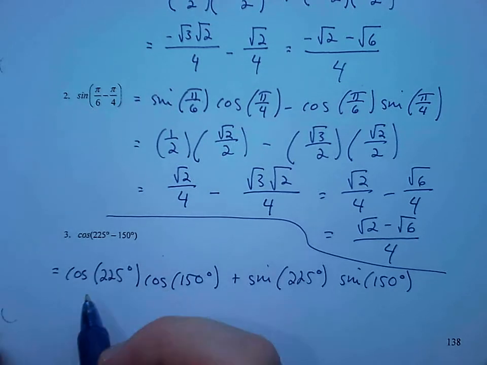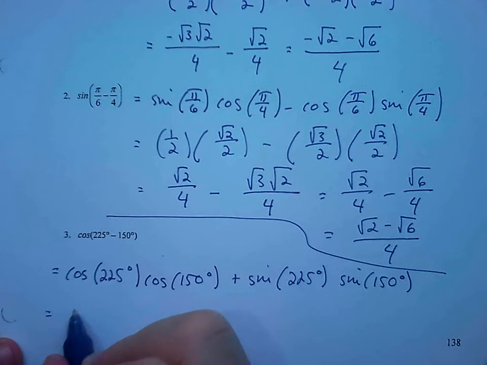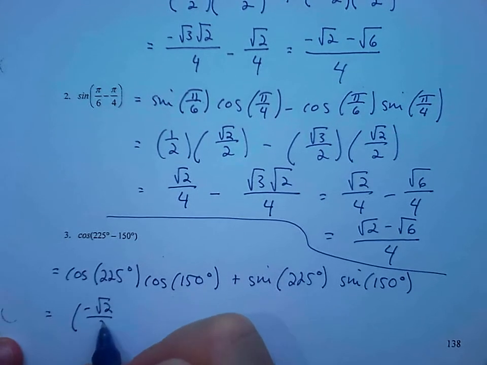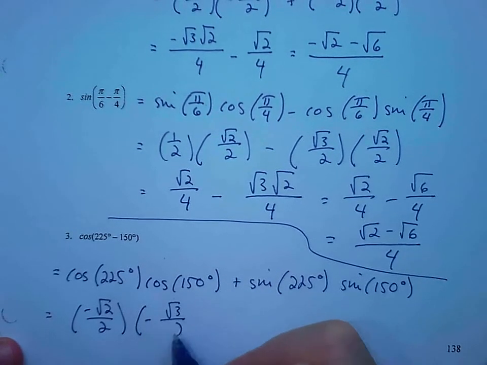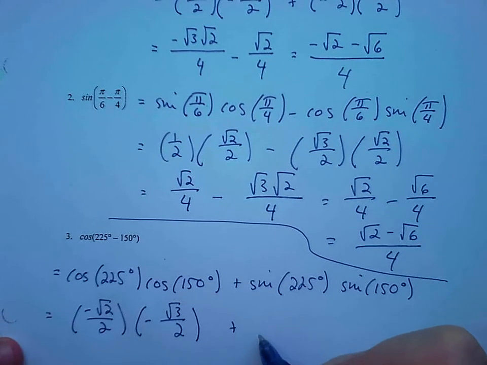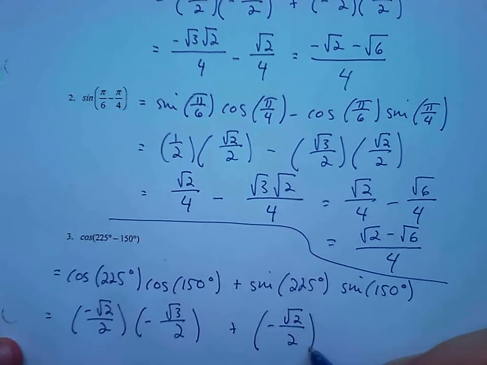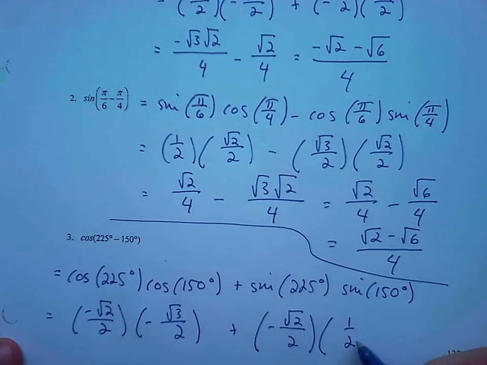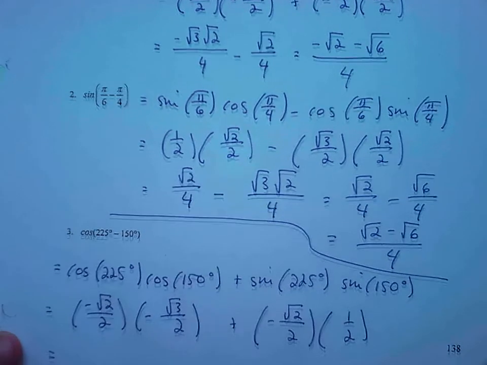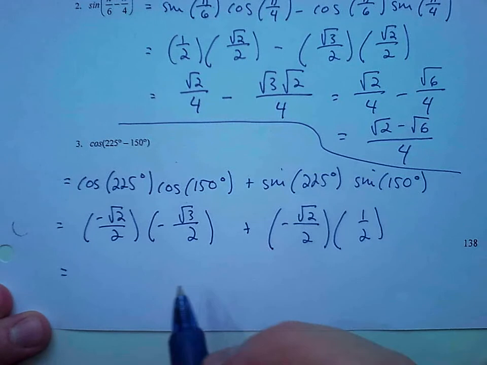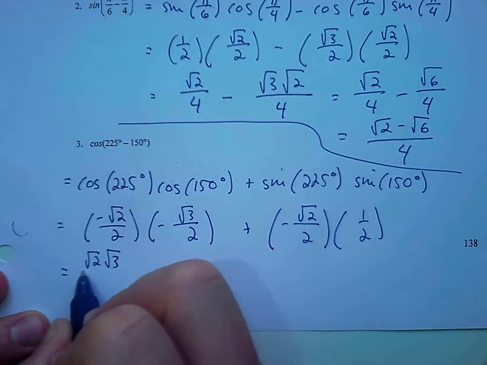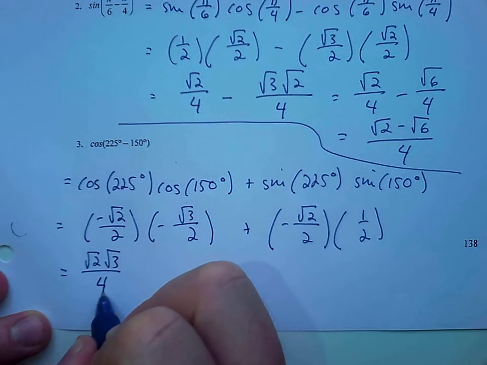Here we're going to get that this comes out to negative square root of 2 over 2. This is going to be negative square root of 3 over 2. Then plus the negative square root of 2 over 2. And this comes out to 1/2. So now if we do this arithmetic, this is going to be the square root of 2 times the square root of 3 over 4.